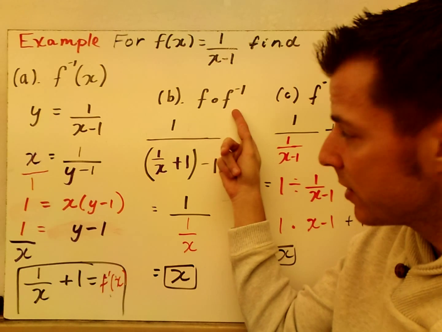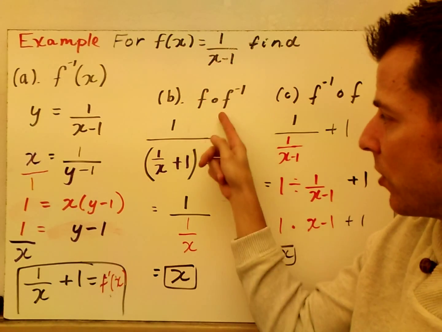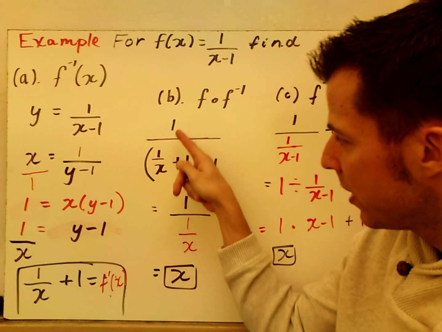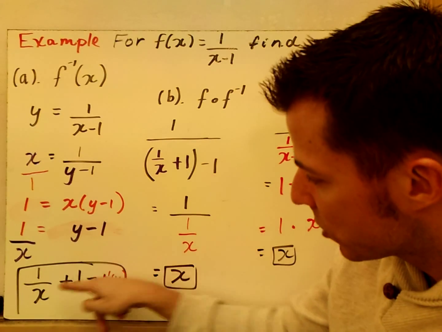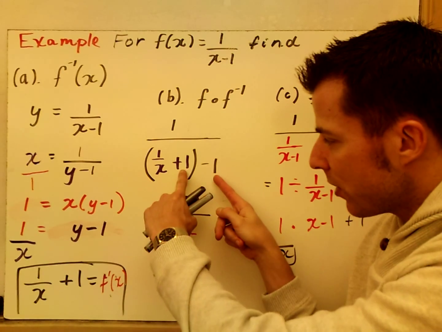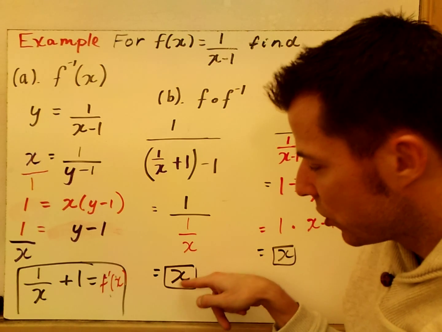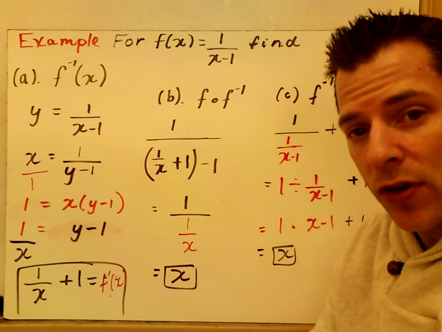So whatever our inverse is, that goes back into the original, 1 over x minus 1. So the inverse is being plugged in for x, and that's what you see in the parentheses. Here's 1 over x minus 1, but our x is known. It's 1 over x plus 1. So I plug that in. And notice how the 1's cancel, so you have 1 divided by 1 over x, which is just x when you simplify that out.